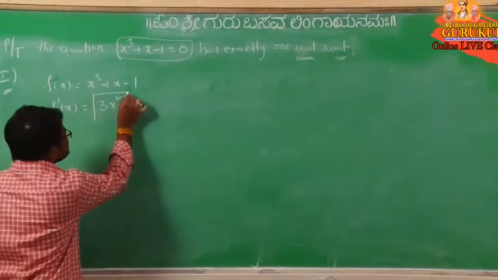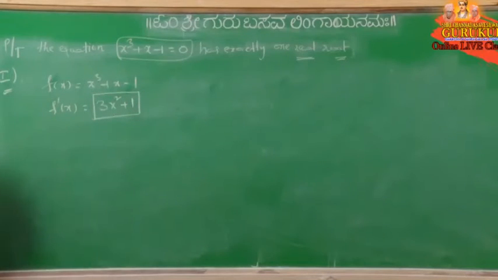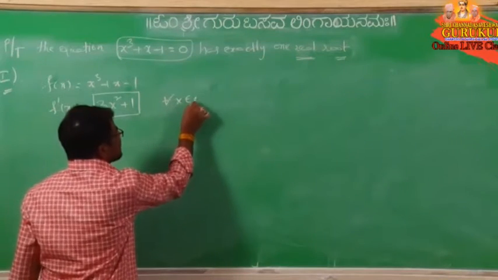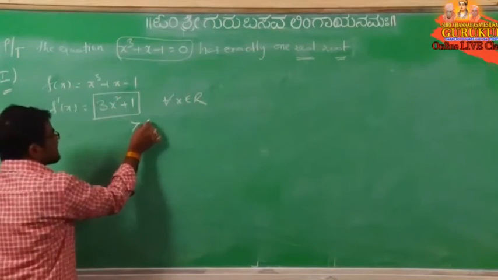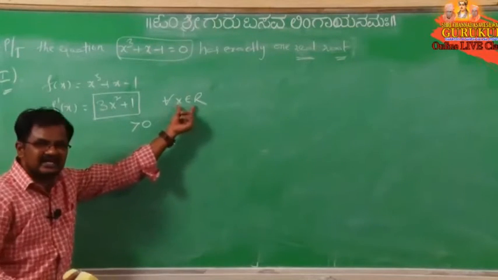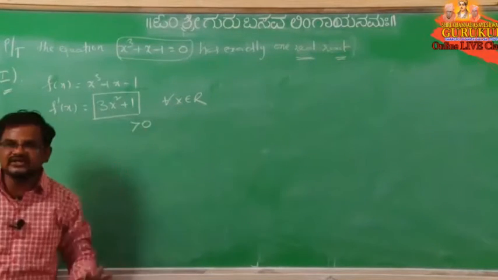Once you observe this, for all x belonging to real numbers, it is greater than 0 only, or not? Is there any point among the real numbers where f dash x equals 0?